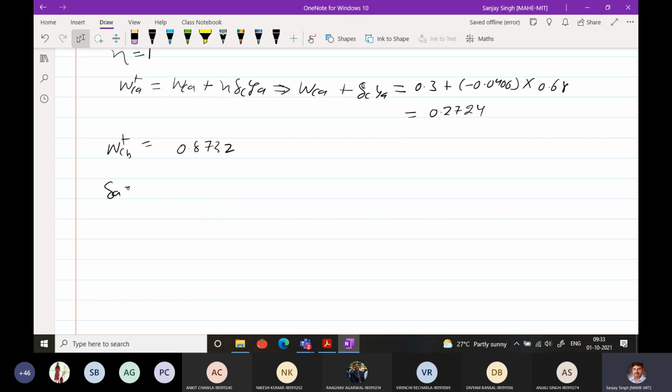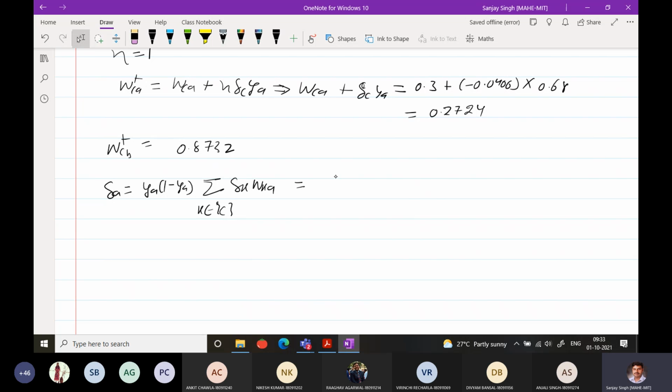You know the process: delta A is nothing but YA1 minus YA, summation over K of the other layer's delta times WKA. In the higher layer there is only one neuron, that is C itself.